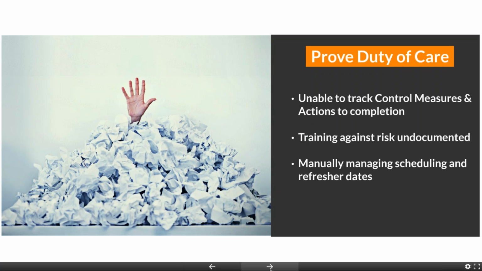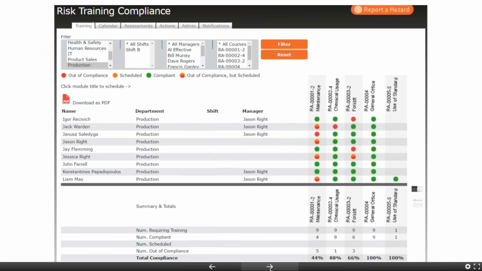And as we mentioned, having to manually manage all of those scheduling or refresher dates can put a lot of strain on a health and safety manager or someone that's tasked with that duty. And we're all human, things can fall through the cracks. So without an automated process reminding you in the background, that can be one of the areas where there is a weakness.